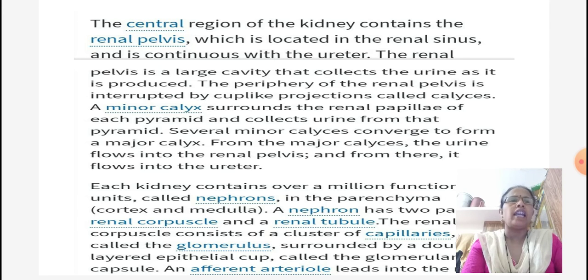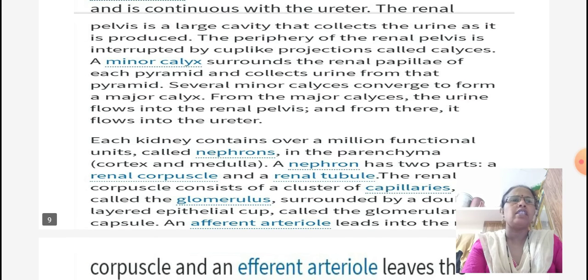A minor calyx surrounds the renal papilla of each pyramid and collects the urine from the pyramid. Several minor calyxes converge to form a major calyx. From the major calyx, the urine flows into the renal pelvis and from there it flows into the ureter.